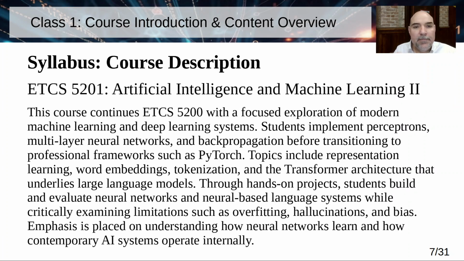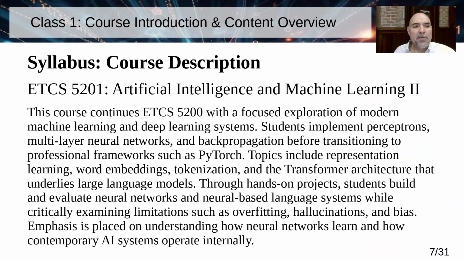Now, the course description. You have been through the prior class, so this is a continuation of that. So let's go ahead and read the course description. It says, this course continues ETCS 5200 with a focused exploration of modern machine learning and deep learning systems. Students implement perceptrons, multi-layer neural networks, and backpropagation before transitioning to professional frameworks such as PyTorch.